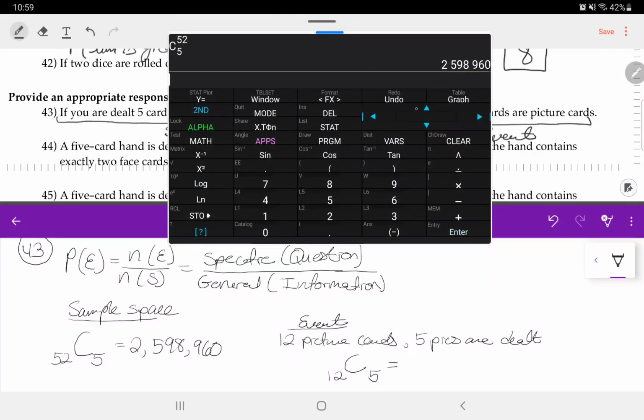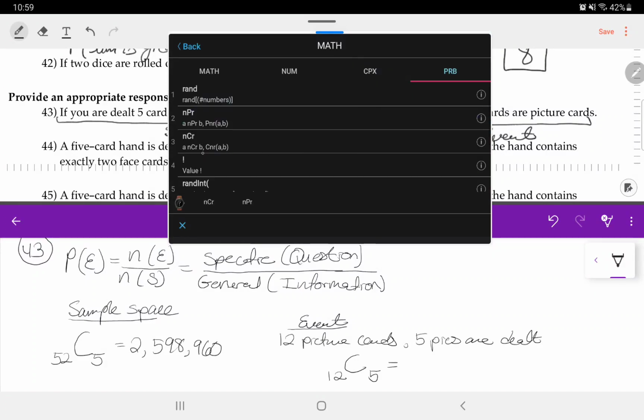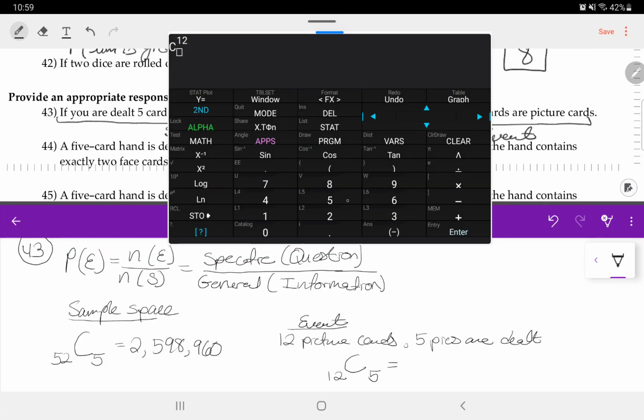Let's find the combination of that value. Let's clear that. 12, go to math. Oops, let's do that again. 12, go to math. It's already on PRB. Go to combination, put in 5, hit enter. That equals 792.